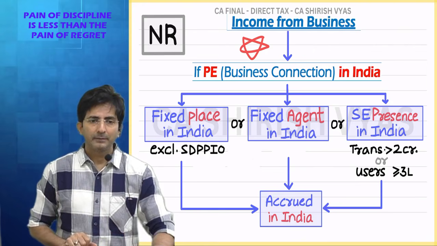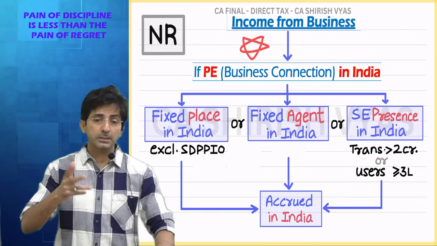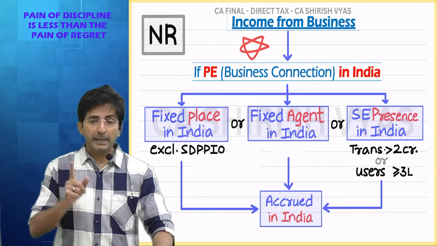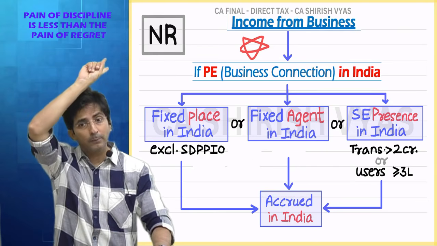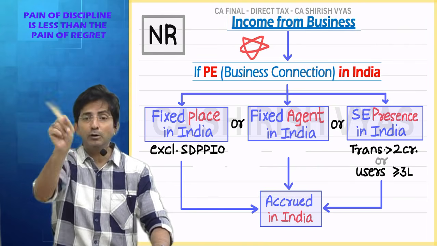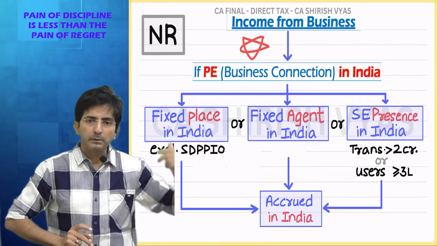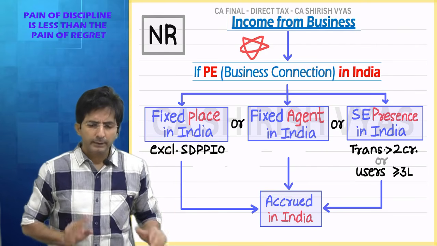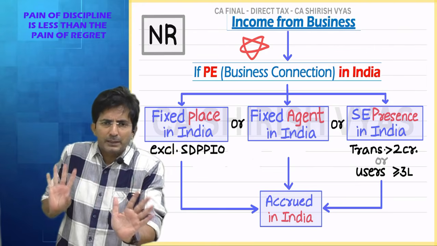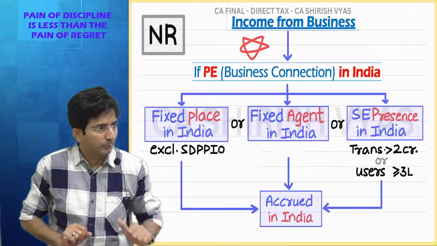After the display, if the customer liked the product, they had to place the order right away in Singapore. Then India will not tax them because they will say, the order has come to our Singaporean shop. In India, we had kept a place only for display. So India cannot tax you.